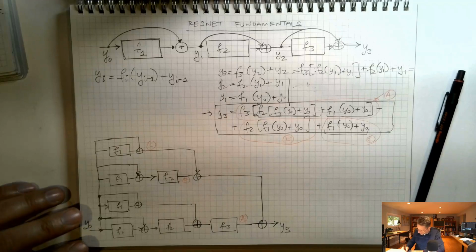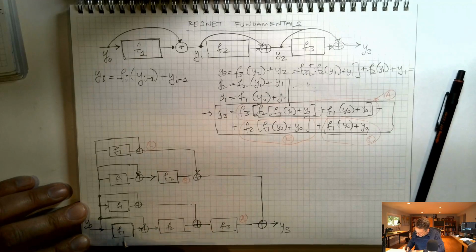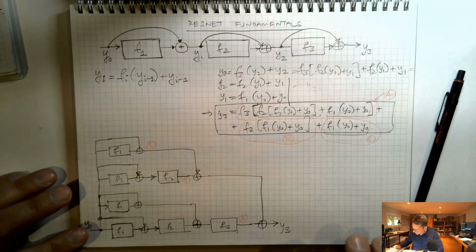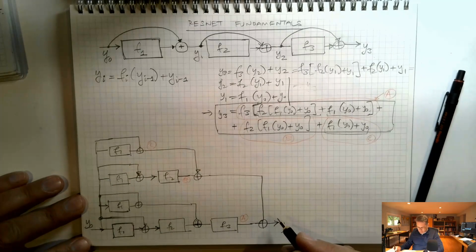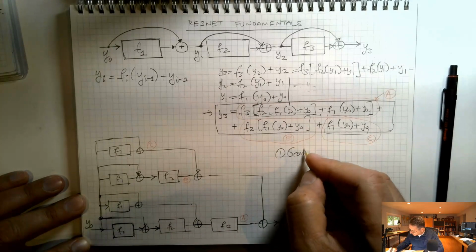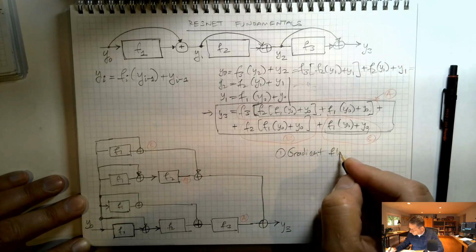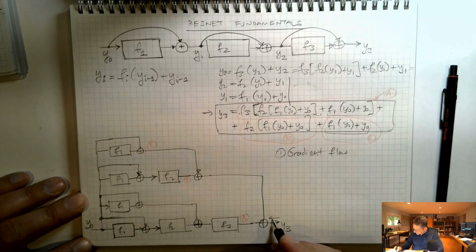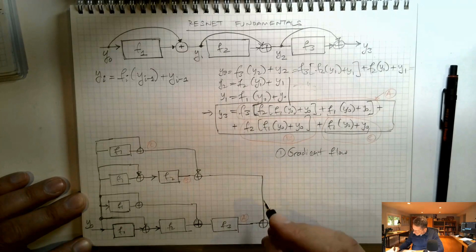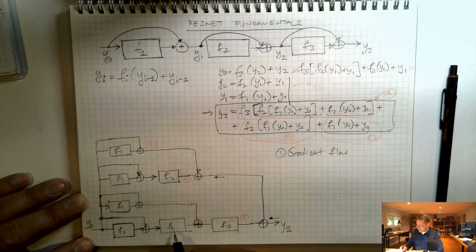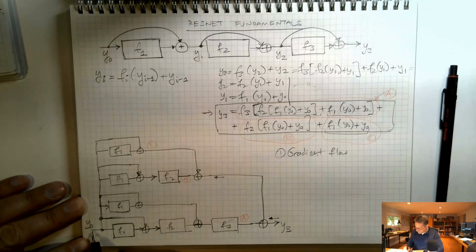And now that we have this kind of diagram, we actually can make some really nice conclusions out of it. So the point number one I want to mention is about the gradient flow. You can see the gradient flow in the backward pass during backpropagation now has a diverse set of paths to flow all the way to the input.